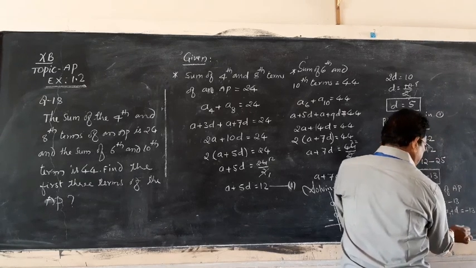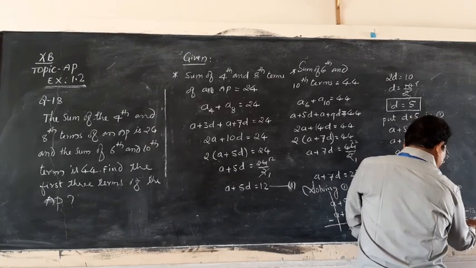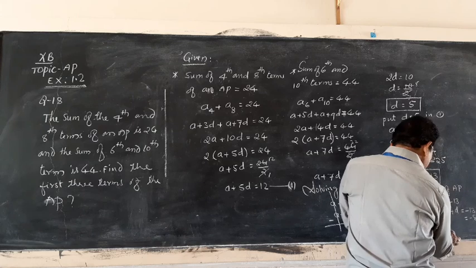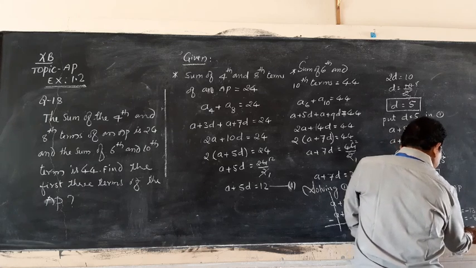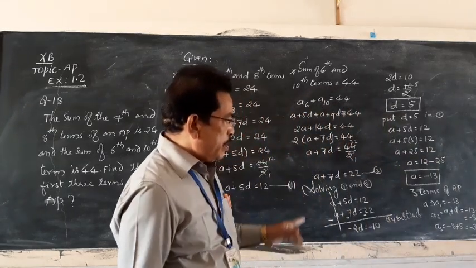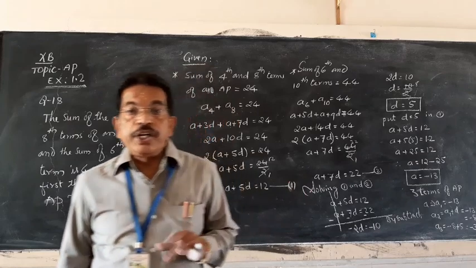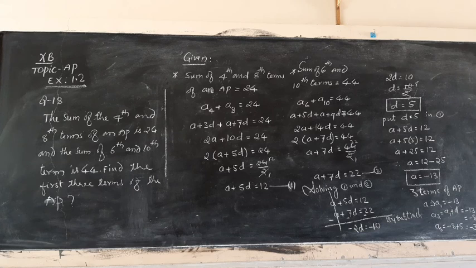Then A3 equals minus 8 plus 5, that is minus 3. So the three terms of the AP are minus 13, minus 8 and minus 3.